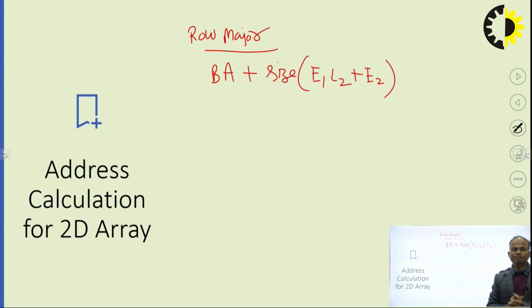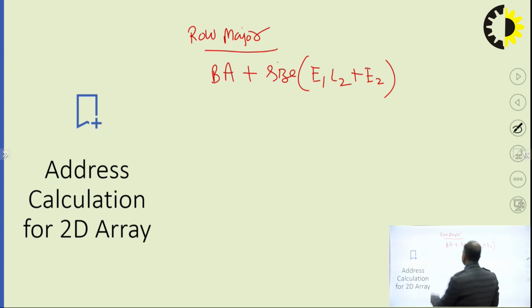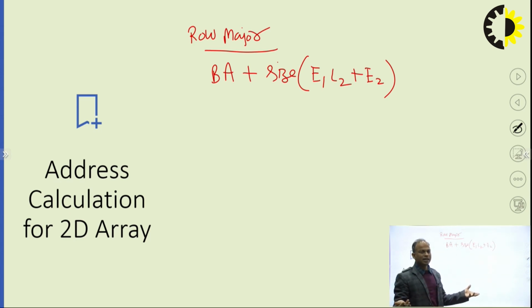So what are these E's and L? We need to try to understand these E's and L so that we can understand the formula in a very easy way. Base address is the starting address, as we have mentioned that the very first address of the array is the base address. So in the previous example, the base address was 1000.